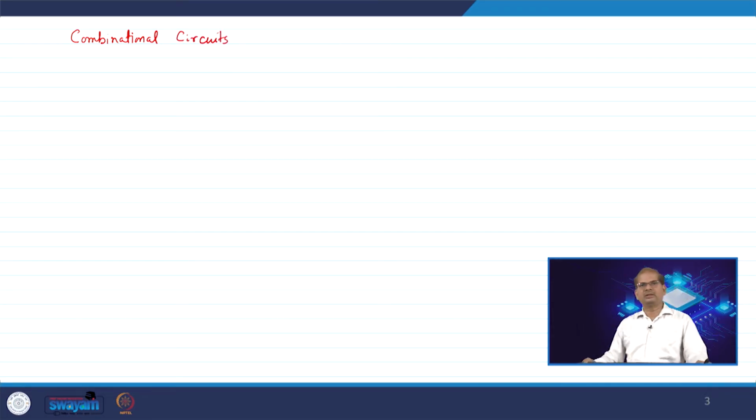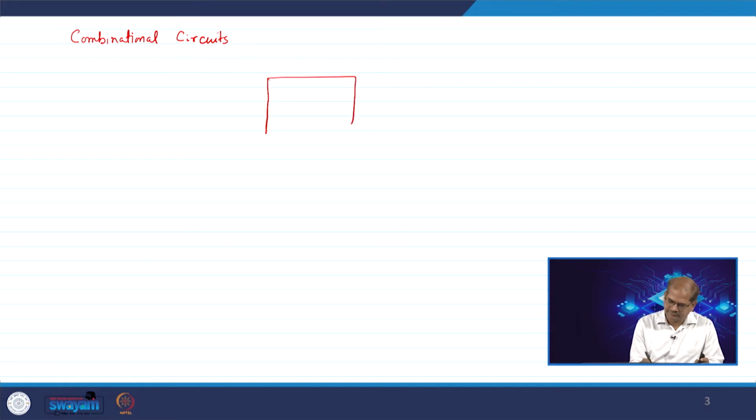A combinational circuit is a circuit or a block. If you give any signal to it, it will come out after a certain delay.